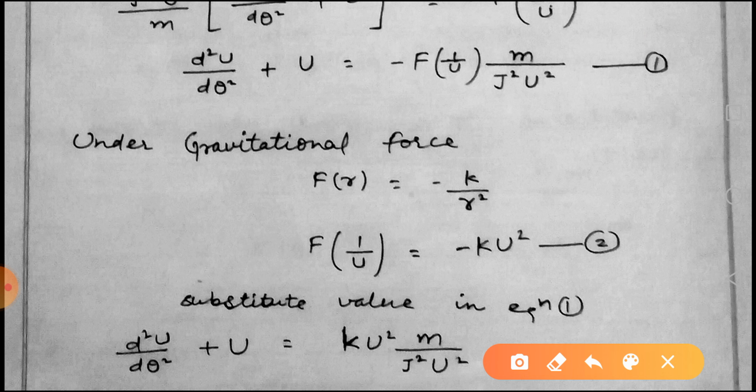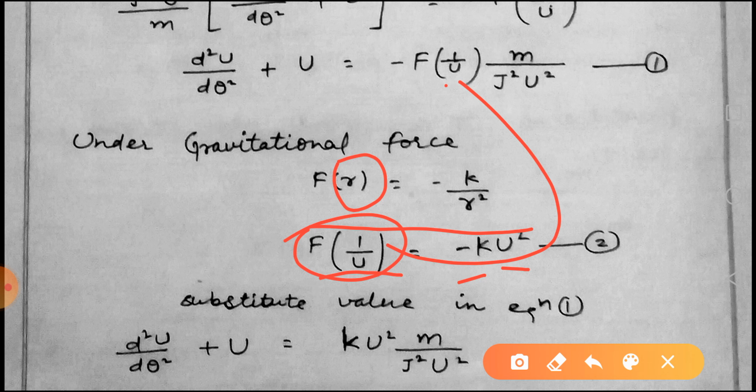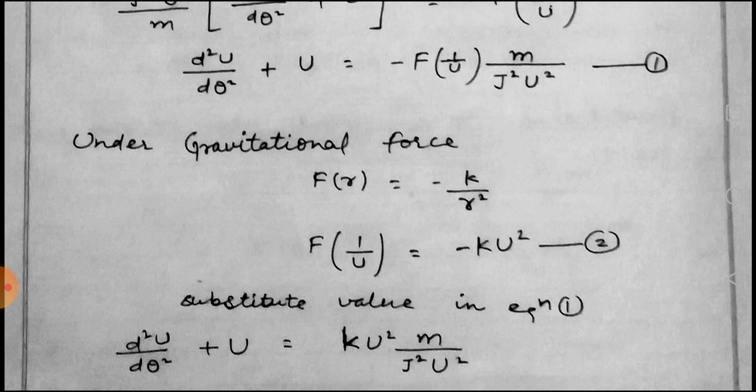So Fr is equal to minus k upon r square. In the last lecture we assumed that r is equal to 1 upon u, then f of 1 upon u is equal to minus k u square, since 1 upon r square is u square. That is equation 2.